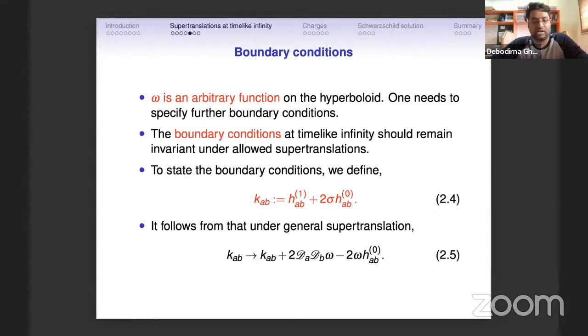To state the boundary conditions, we define a quantity k_AB such that k_AB is equal to h1_AB, the first order metric correction, plus 2 sigma, the first order field, times h0_AB. It follows that under a general supertranslation, k_AB transforms to k_AB plus the quantity by which h1_AB transforms, as sigma and h0_AB do not transform under supertranslations.